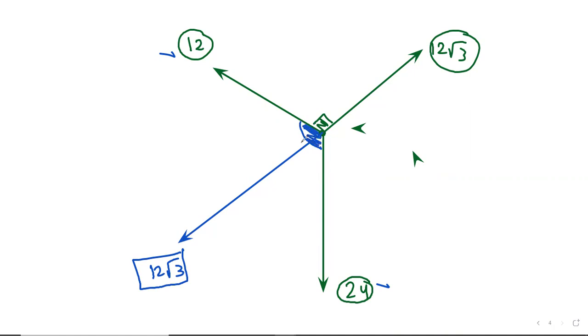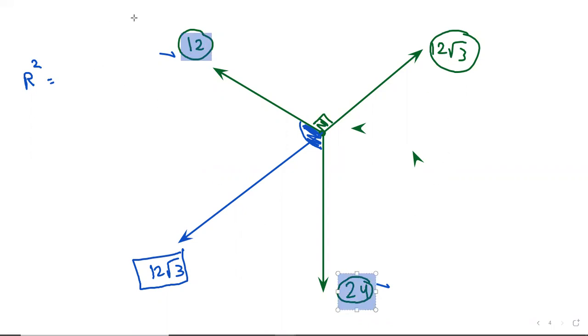We will follow the same steps: R squared equals F1 squared plus F2 squared plus 2 F1 F2 cosine theta. What is R? R is the resultant of 12 and 24, which is 12 root 3.